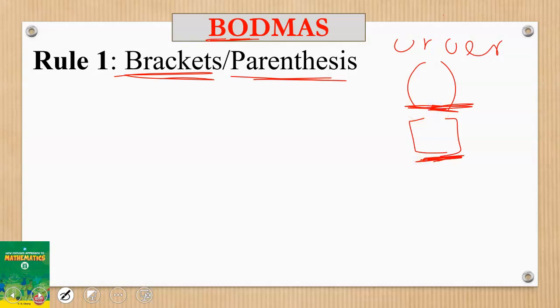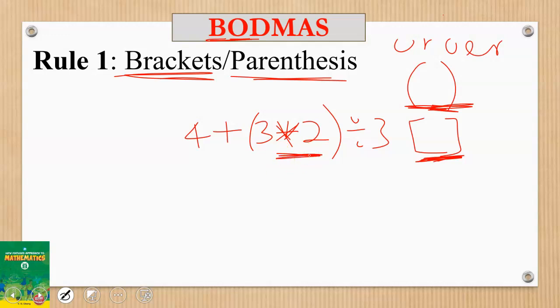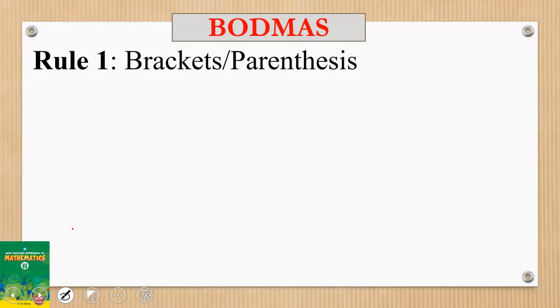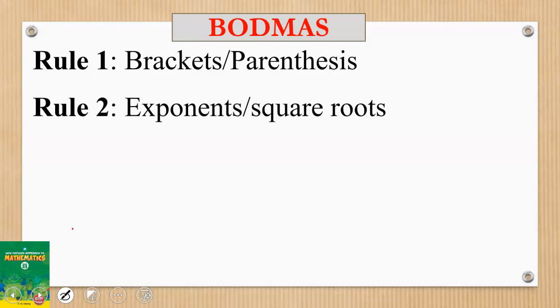So anytime we have a question like maybe 4 plus 3 or let's say 3 times 2, then we do bracket first before we take any other action. So always bracket first. Then rule number 2, we deal with exponent, which is the order.